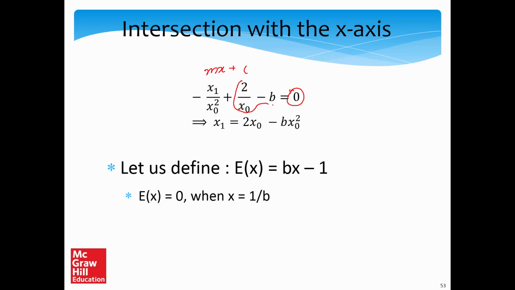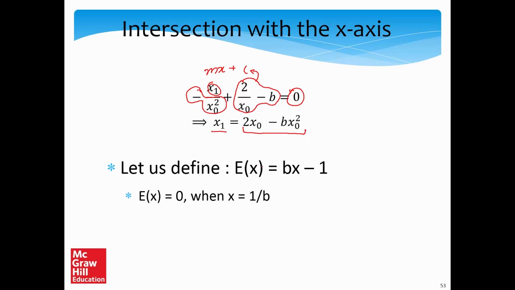Since we have computed the value of c and the value of m, the value of x where this intersects the x-axis is x1. This is the equation we can create, and if we solve it, we'll find that x1 is equal to 2x0 - bx0².